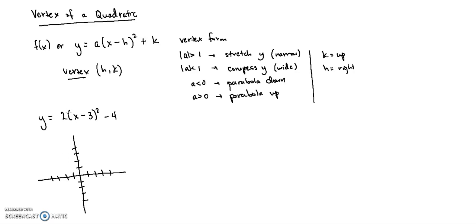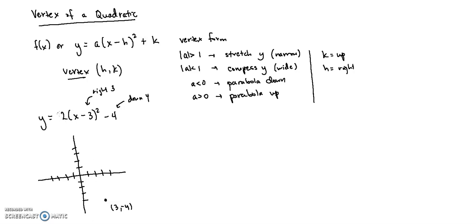It's going to make it look more narrow. The minus 3, that's on the inside, that's going to be opposite what we'd expect. So it's going to take us right 3. And then the minus 4, that's on the outside, that's going to take us down 4. So we're going to go right 3, down 4. So our vertex is at (3, negative 4).